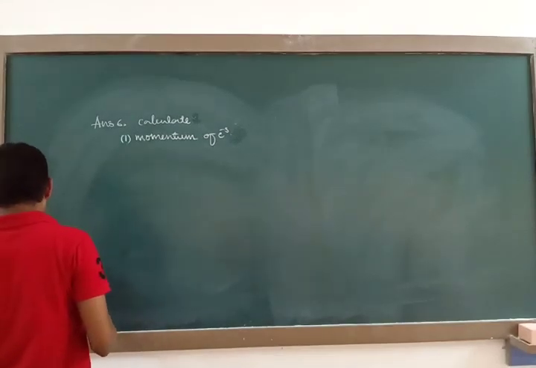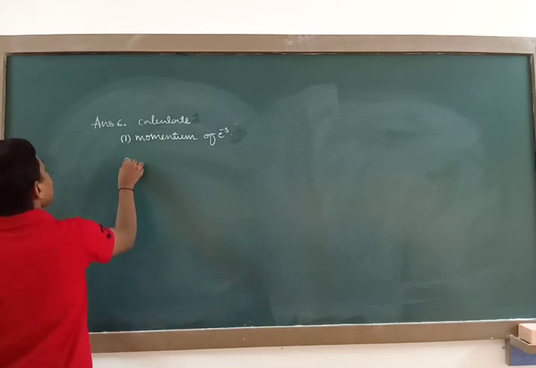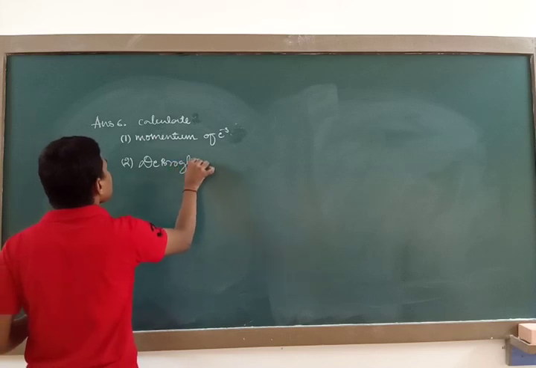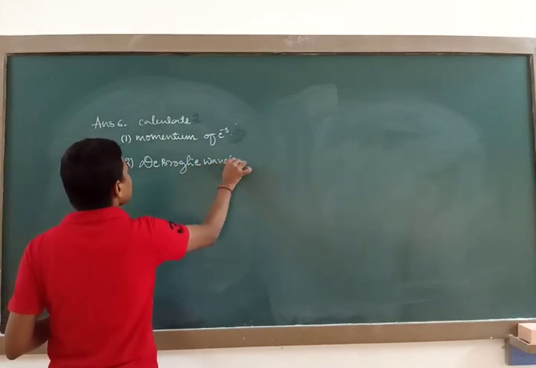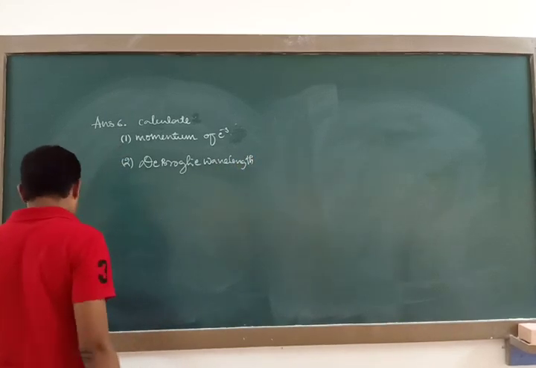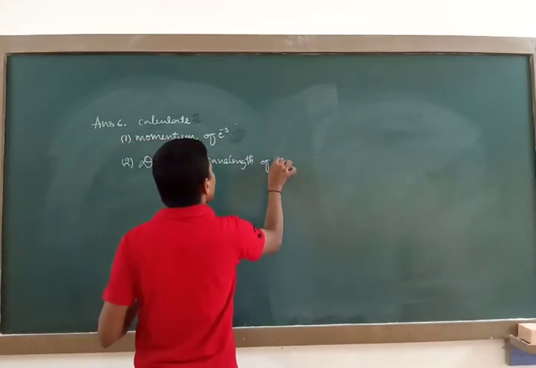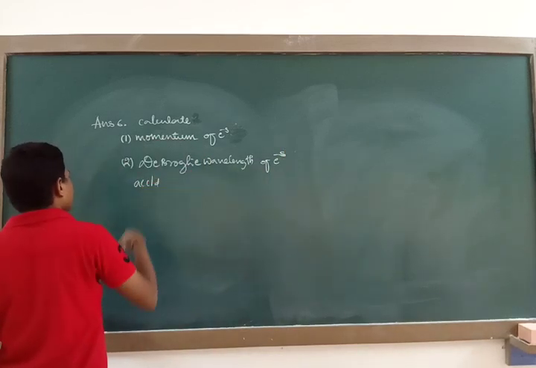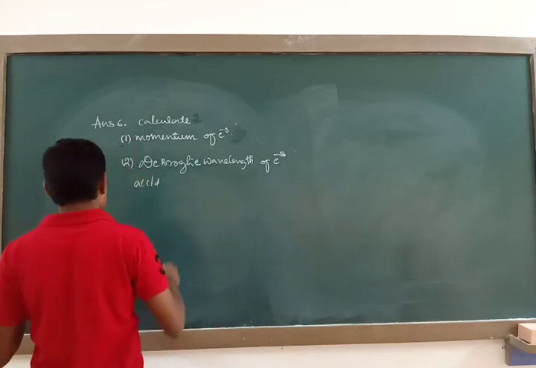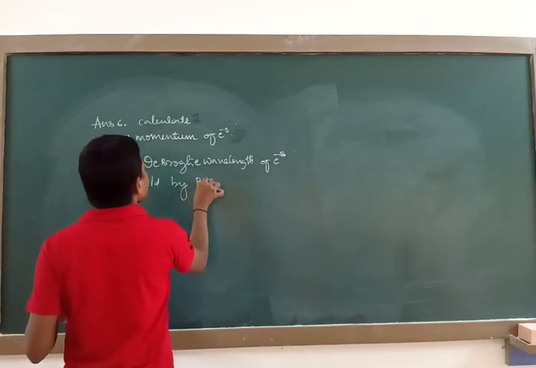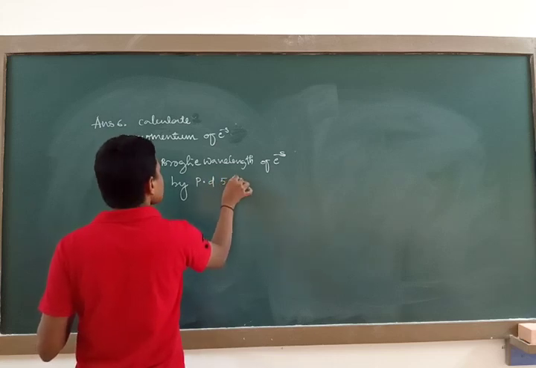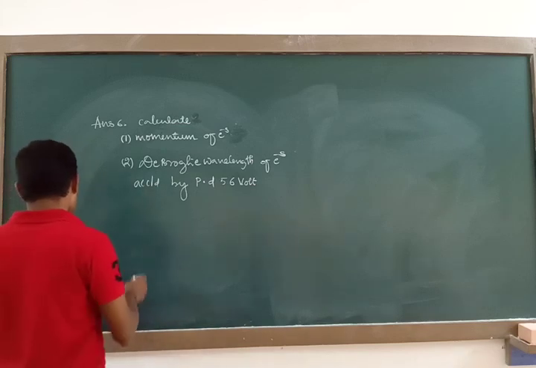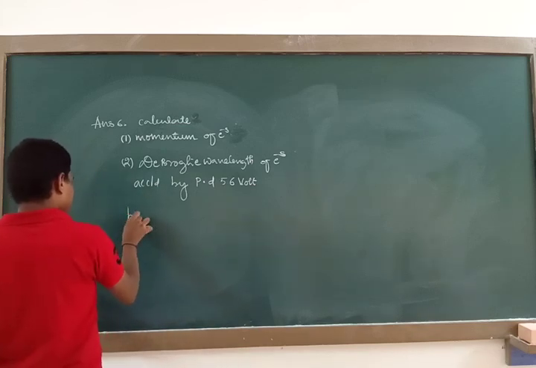And second, de Broglie wavelength of electrons when they are accelerated by a potential difference of 56 volt. Given data they have given.